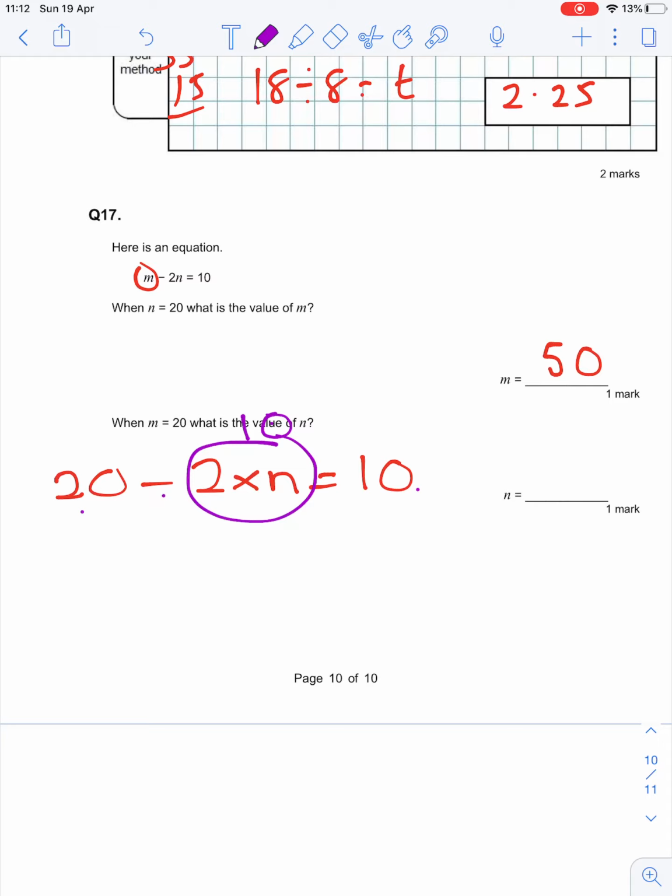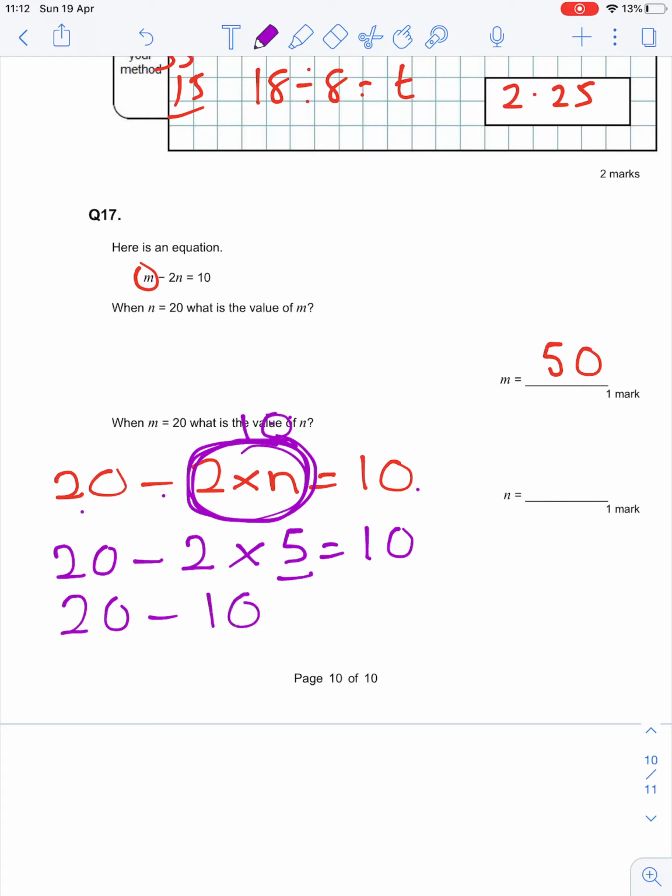Because 20 take away 10 equals 10. So whatever that calculates to, it's got to result in an answer of 10. So 20 take away 2 times 5 equals 10, doesn't it? Because 20 take away 10 equals 10. That's what that would be. So n equals 5.